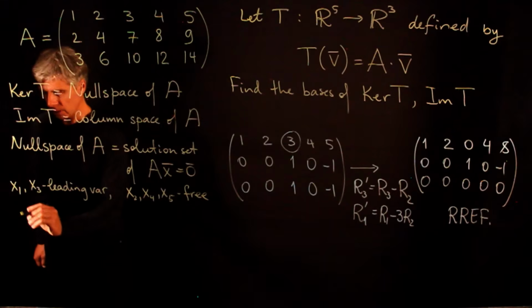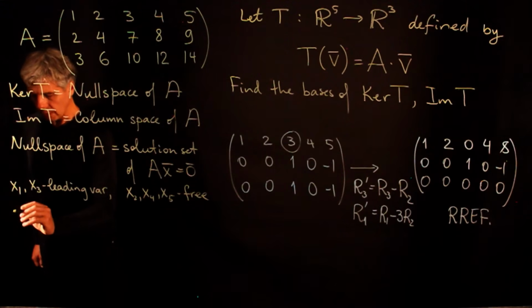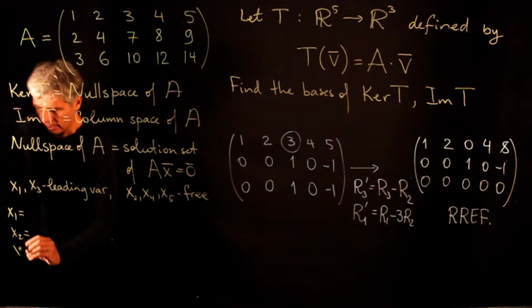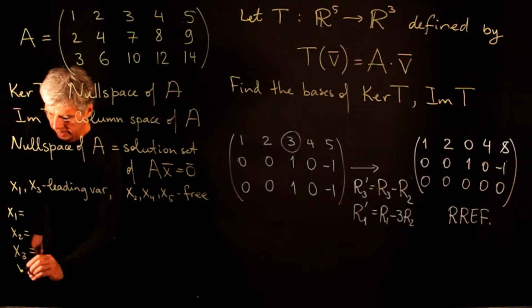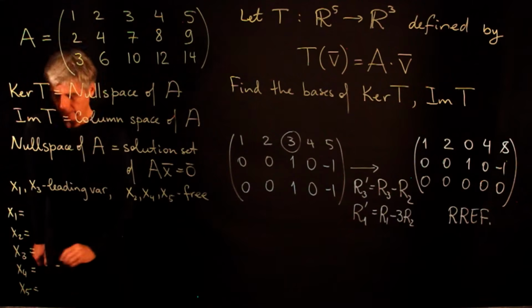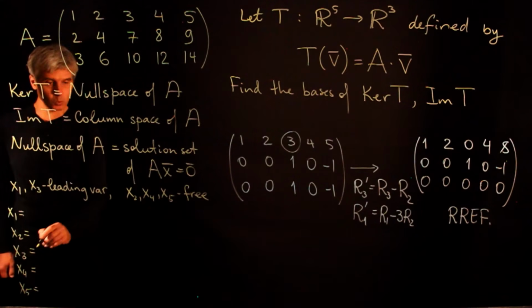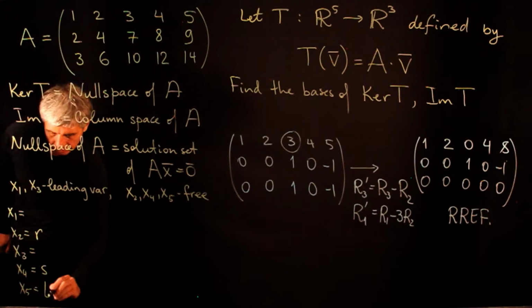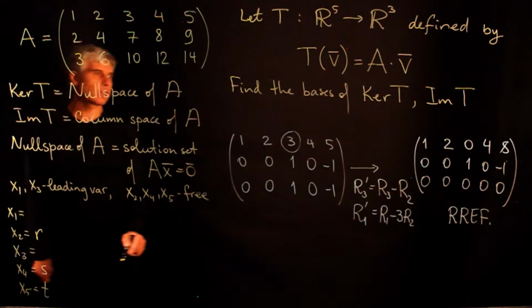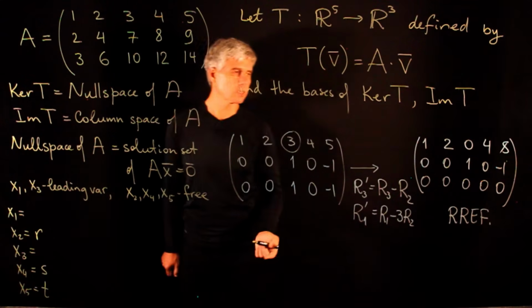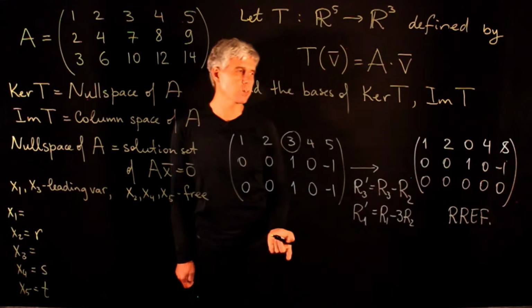To write down the solution, we take free variables and assign parameters to them. We say that x2 is r, x4 is s, and x5 is t. And then from these equations, now we can express leading variables.